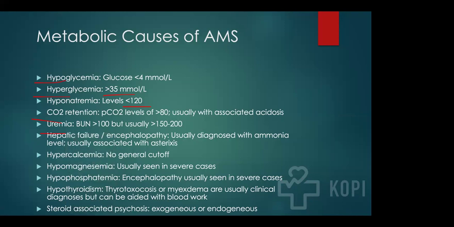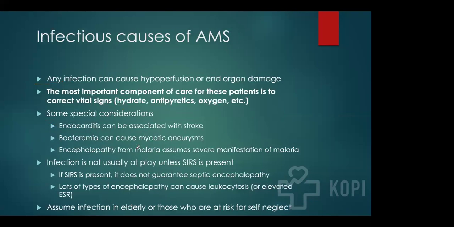Hypercalcemia, hypomagnesemia. All these things can cause altered mental status. So just remember that there is blood work to be done on most of these patients. Altered mental status is not something that you necessarily see and then defer a workup on. If there was one test that I would want on a patient who is altered, it would probably be a BMP, or a basic metabolic panel.